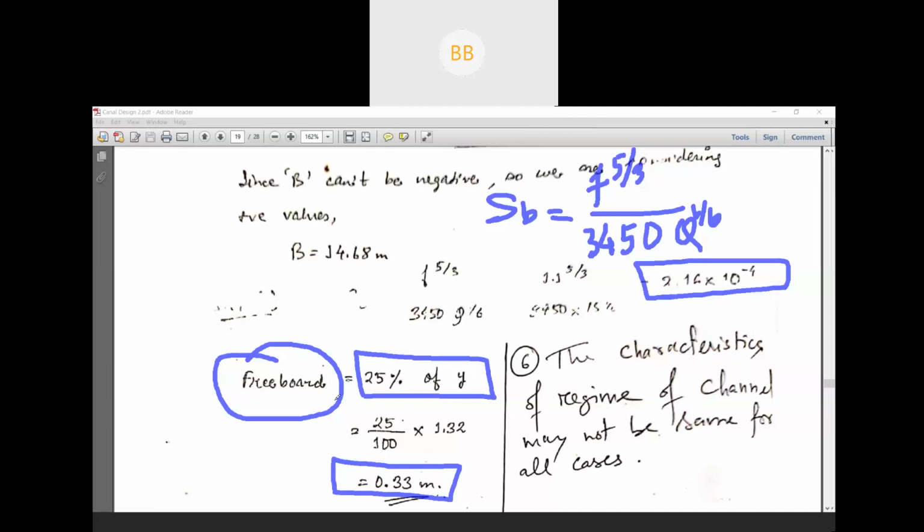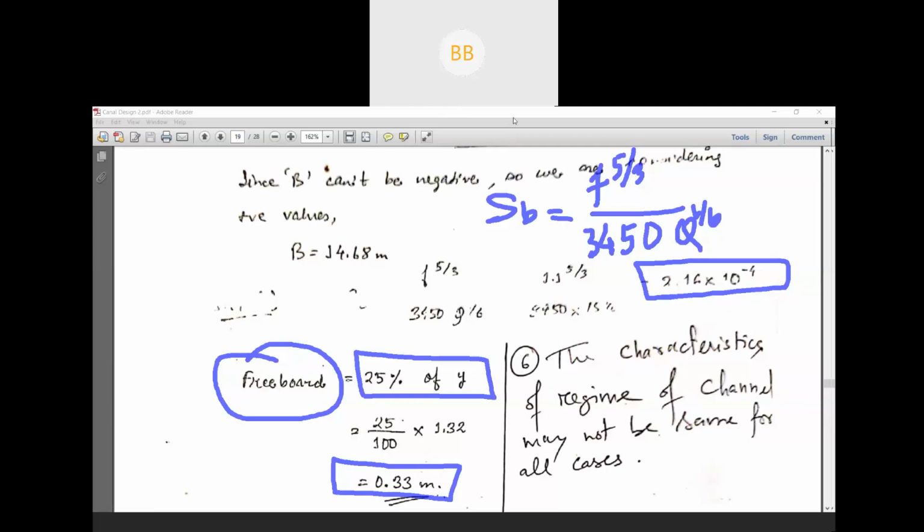So if you have any doubts related to this Lysis theory, you can ask me now. Okay, so we move on to the next numerical.